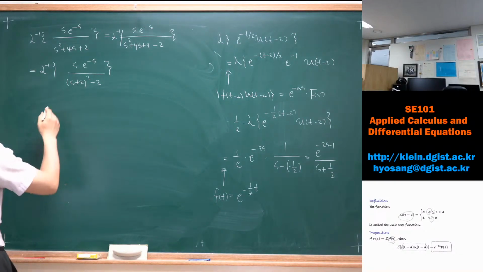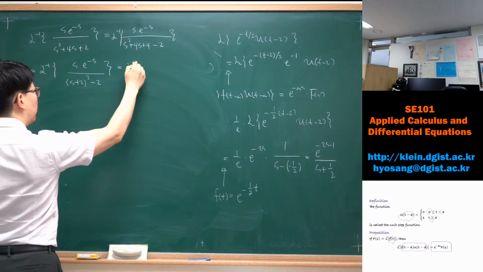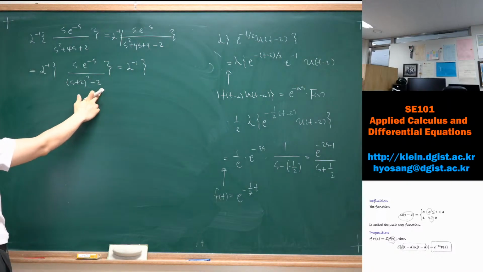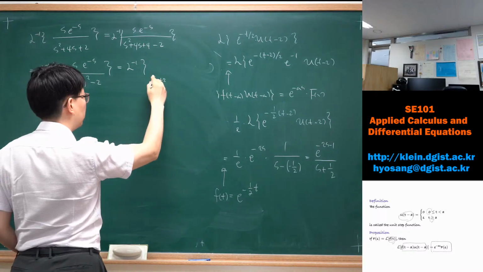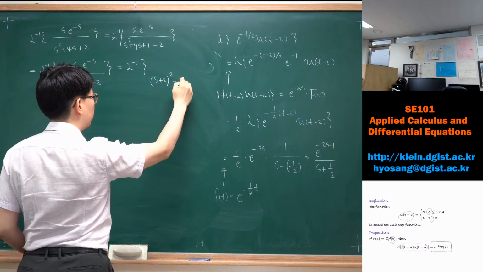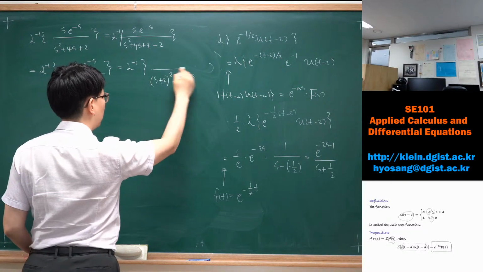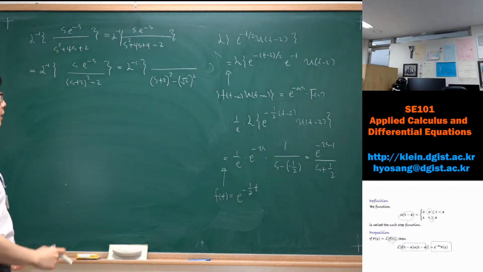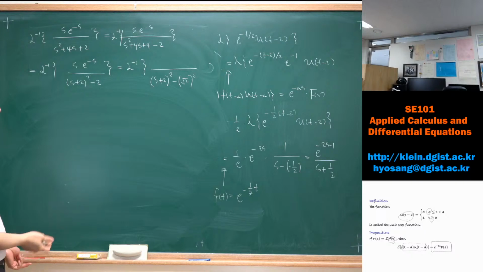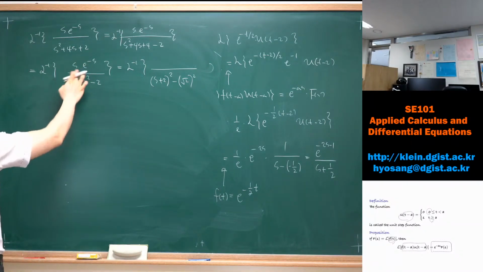But in order to apply the formula, I need a square here. It's the square of the square root of 2. So I get s plus 2 squared minus square root of 2 squared. This serves as the k squared in the formula for sine and hyperbolic cosine. Now, what happens to s?